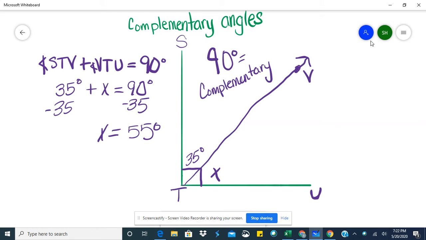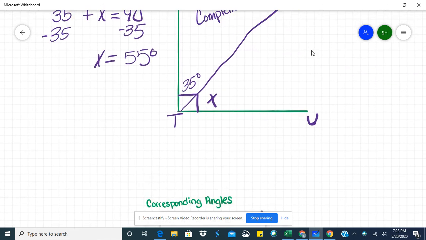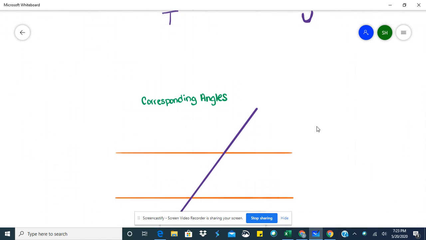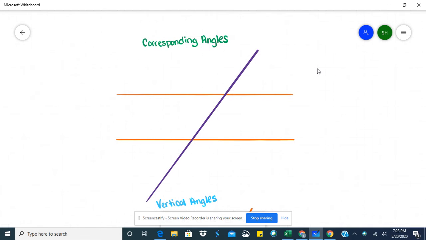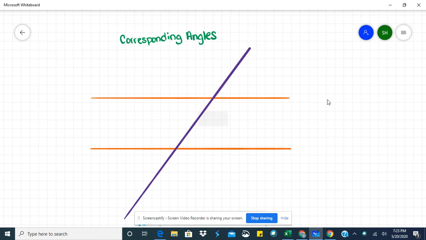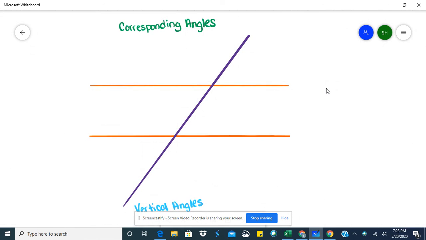Okay, so now we're going to go down a little bit further. Remember, you can pause this video at any time if you would like to take notes. We're gonna go down. I'm actually gonna zoom in just a little bit. So we have corresponding angles.